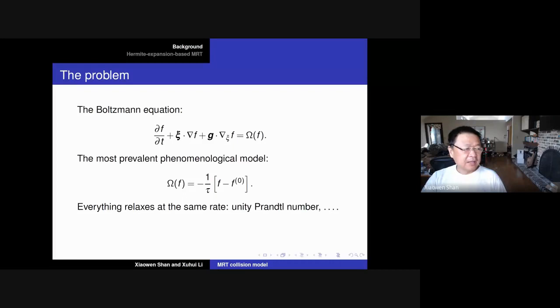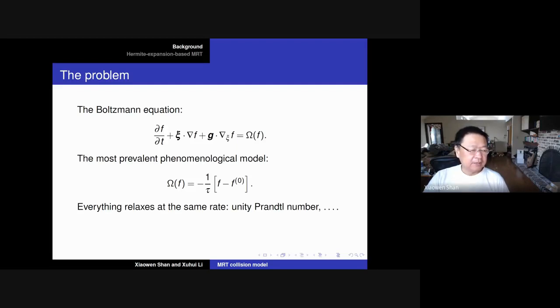So the problem that is very well known, we have this Boltzmann equation, with a very complicated collision term, which is often modeled by a simple expression. And the second line is probably the most popular phenomenological collision model, the BGK.